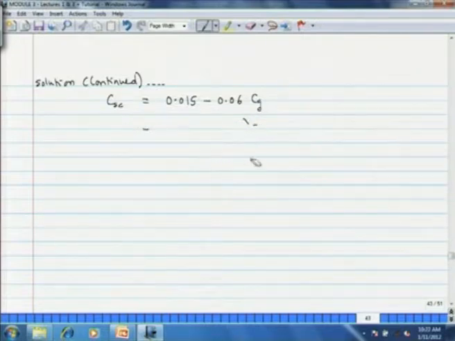The instantaneous concentration of ethanol, C ethanol, is the initial concentration minus the final or instantaneous concentration at time theta. Okay. And then initial concentration is 0.